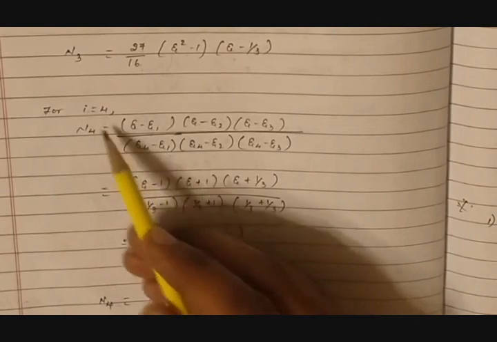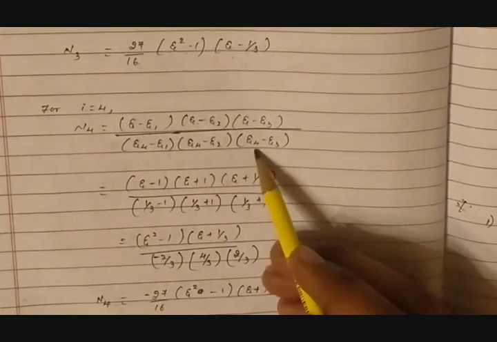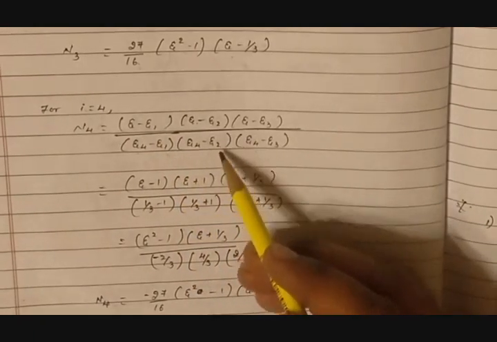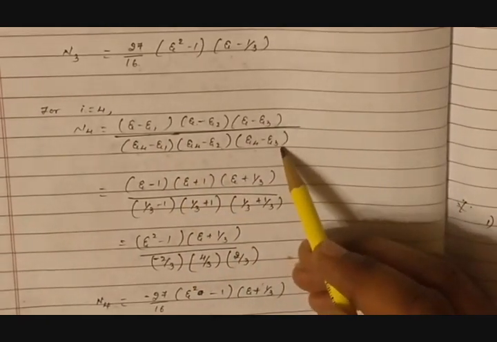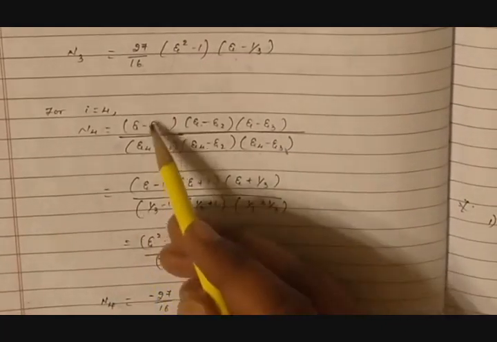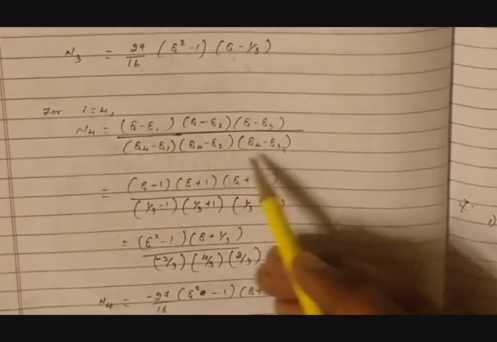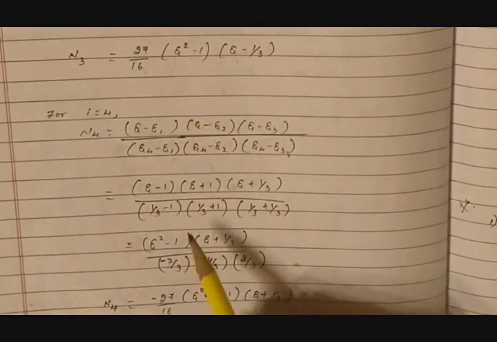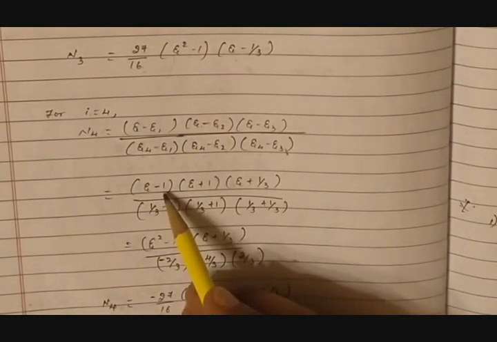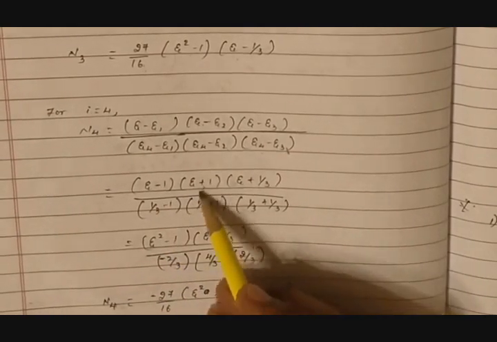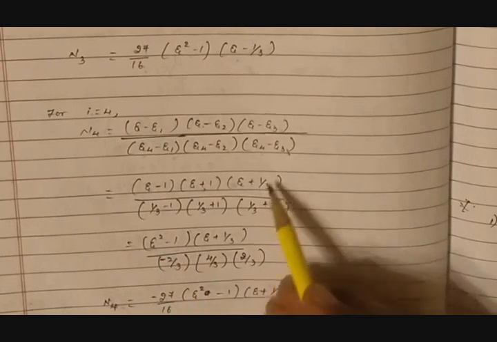So zeta i, that is 4, zeta 4, zeta 4, zeta 4. And j is 1, zeta 1, zeta 1, zeta 2, zeta 2, zeta 3, zeta 3 for those particular nodes. So substitute the zeta 1, zeta 2, zeta 3 and zeta 4 values in the next equation, similar to how you did in the previous one. Substituting this, again you'll have this, and this is (a plus b) into (a minus b), so zeta square minus 1, this term here.